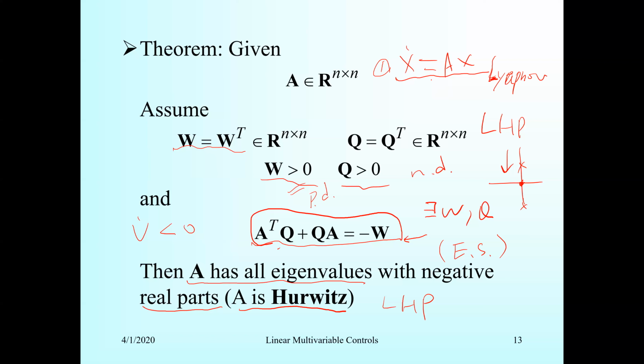But it may happen that you still need to check the eigenvalues of A. If I can check the eigenvalues of the A matrix, I know the stability is easy to check if they live in the left half plane, right? But we don't want to solve eigenvalues of A. We only need to solve an algebraic matrix equation.